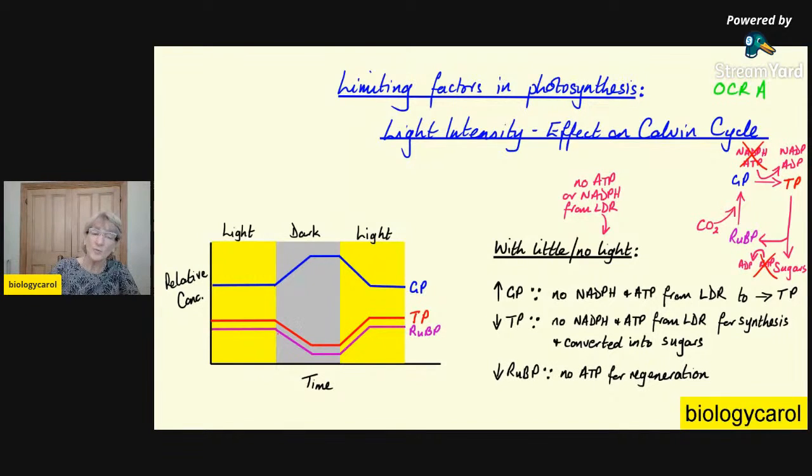And the amount of RuBP decreases because there is no ATP for TP to be regenerated into RuBP. So hopefully this makes sense. And once light is switched back on again, of course, ATP and NADPH are produced, and therefore this Calvin cycle can carry on as normal.